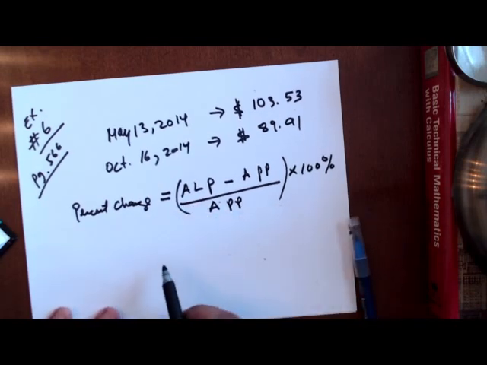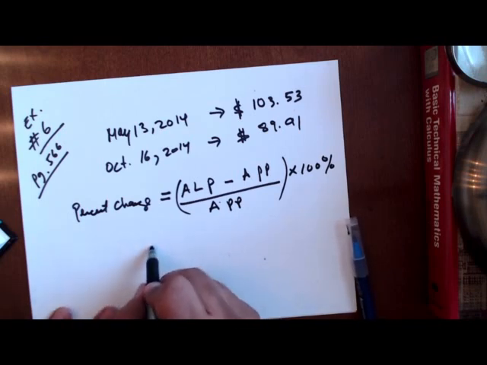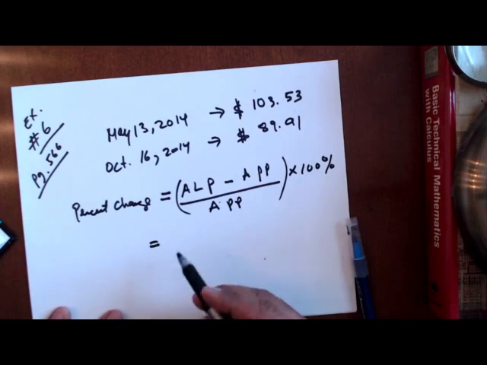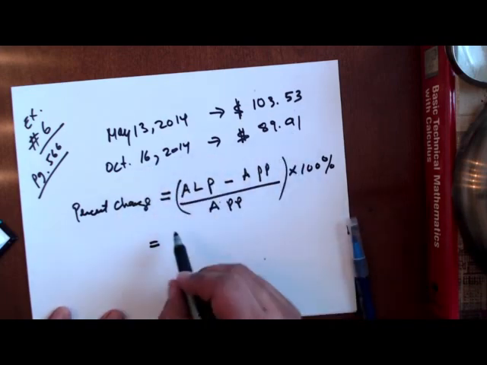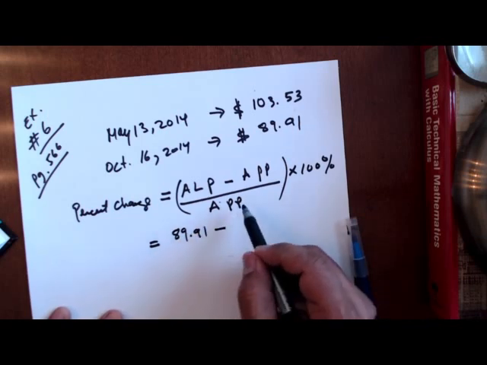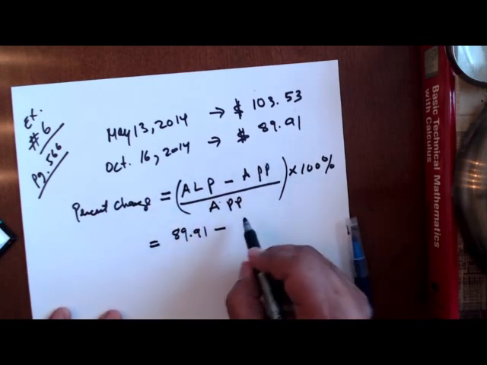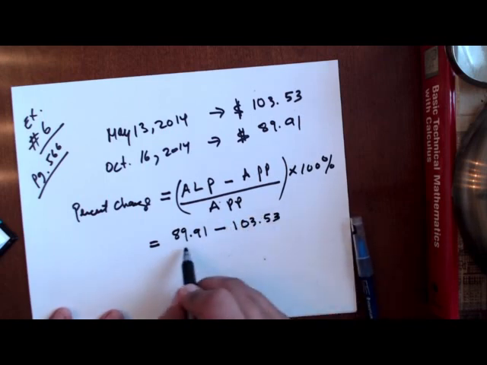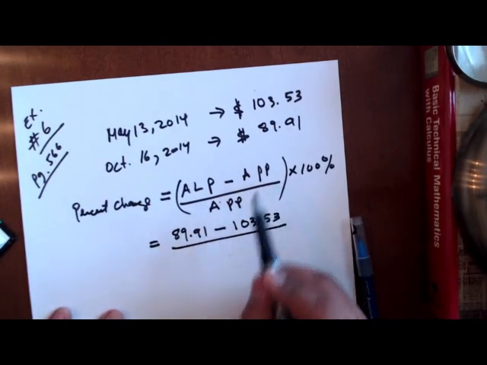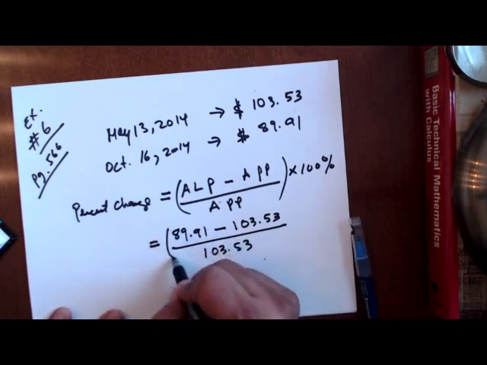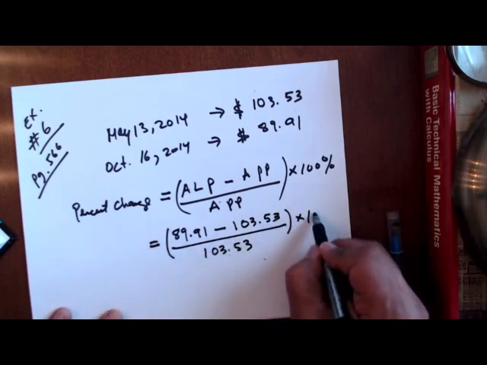So what's in the example for McDonald's? The amount of the latest period is 89.91 minus the previous period, which was 103.53. We divide this by the amount of the previous period, and that is 103.53. And remember to multiply all that times 100%.